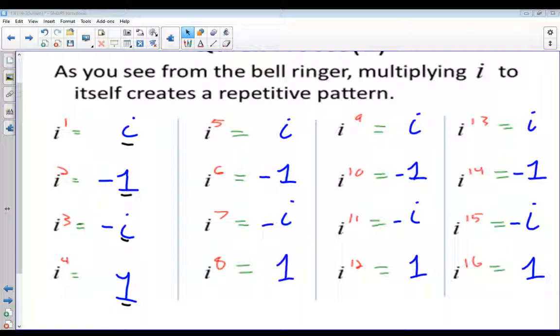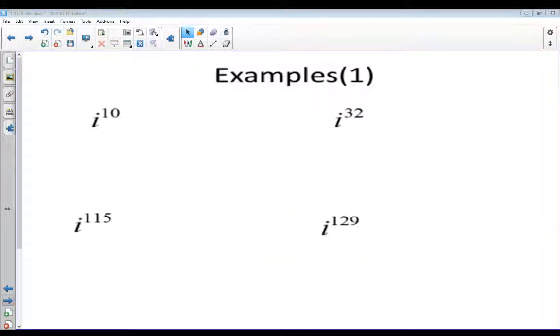That will be a big help in some examples that you'll come across in the online homework. Let's say the online homework gives you i to the 10th, and you need to figure out its simplified answer. One way of doing it is to use the "i won" pattern.